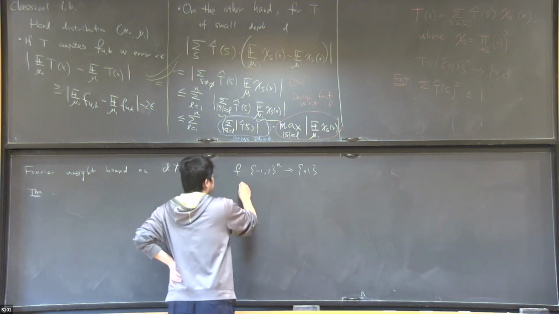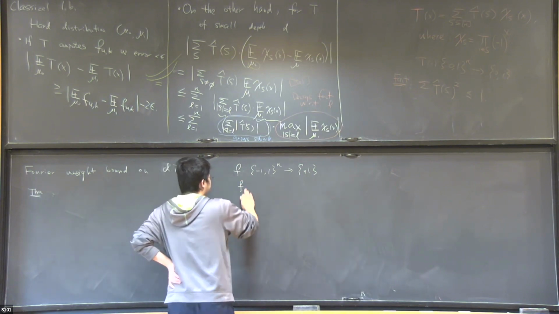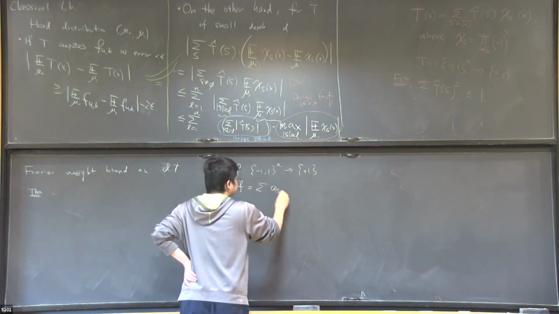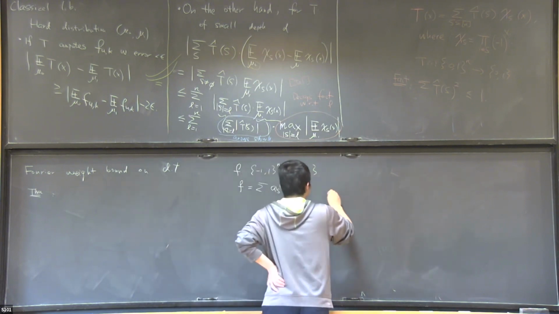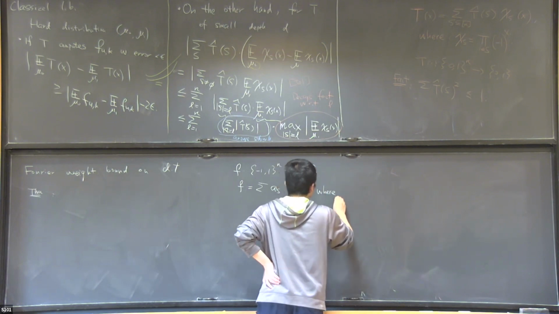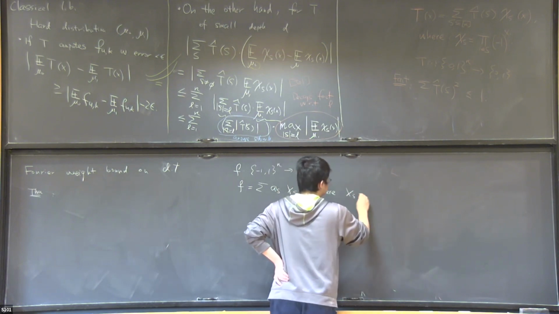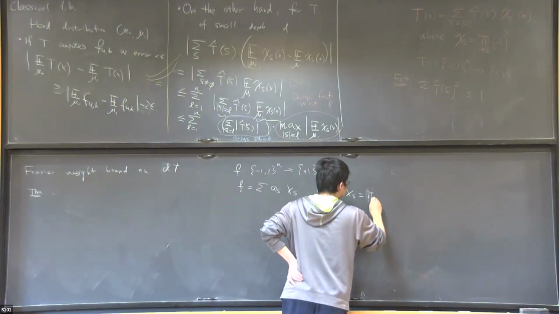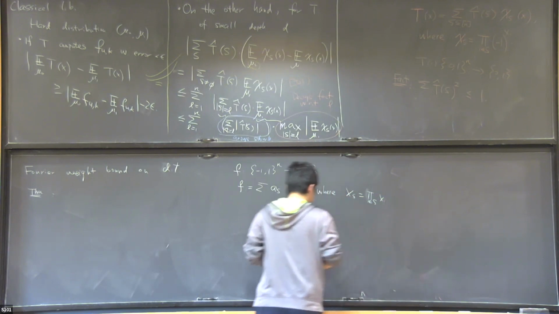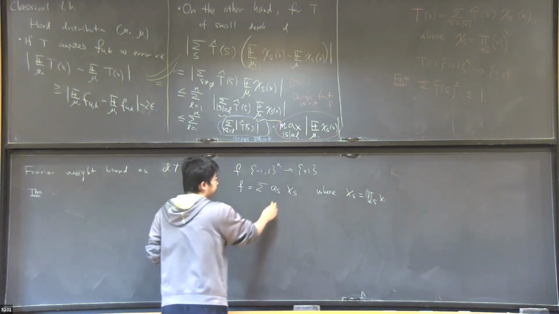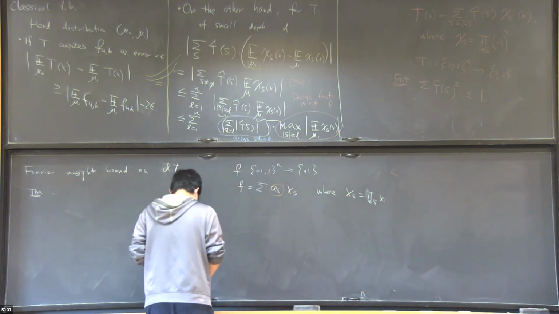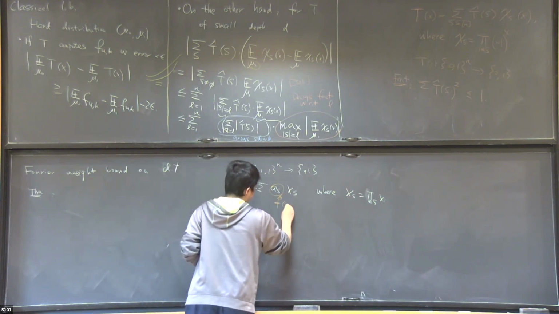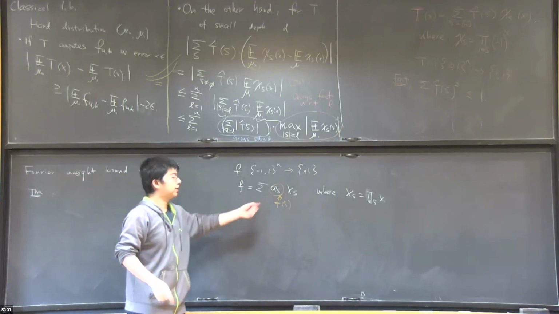And in this way, when we write a function as a polynomial, the coefficient of the corresponding monomial will just be the Fourier coefficient. But we will still stick to this f hat notation.